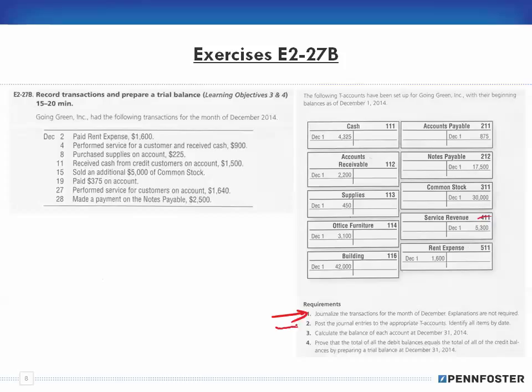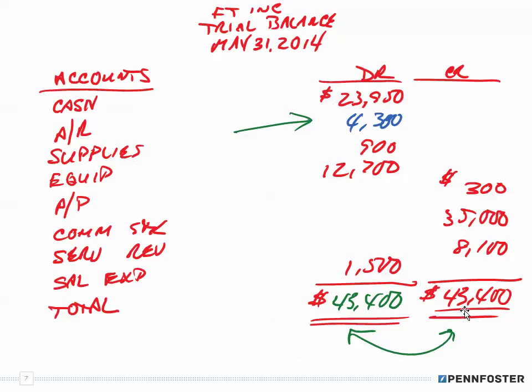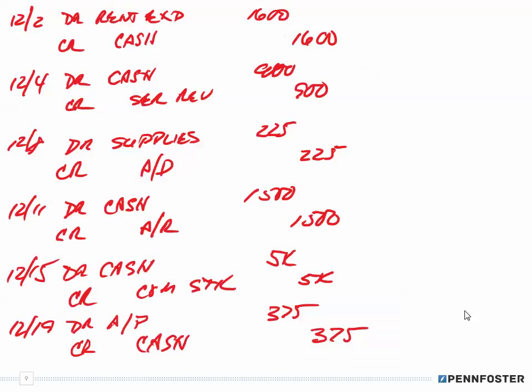Now it says 2, post the journal entries to the appropriate T accounts, right? Now the reason why I did it this way and I left space down the side is because I'm going to recreate the T accounts now, all right?